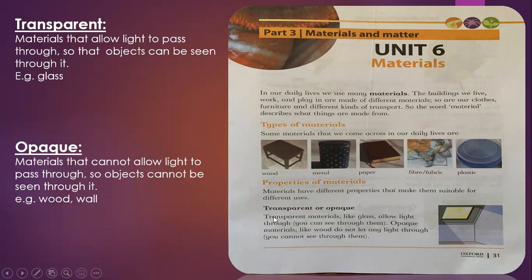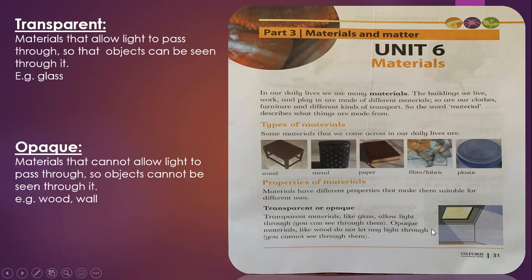First, what they're telling us here is transparent or opaque. What are transparent materials? Materials that allow light to pass through. Look like this. This is transparent. It is the glass of a window, and the sunlight is coming inside. So transparent means that it can allow light to pass through, and objects can be seen through it.